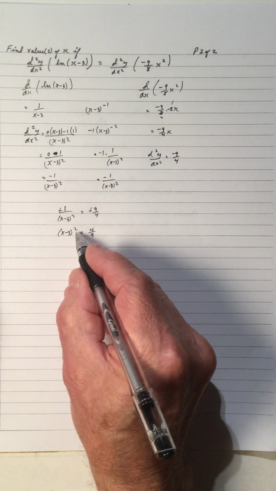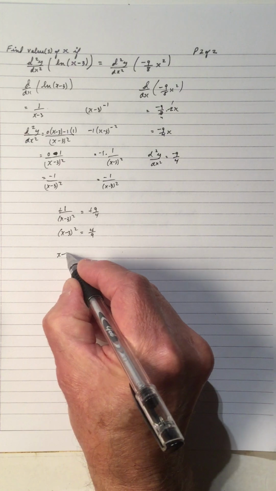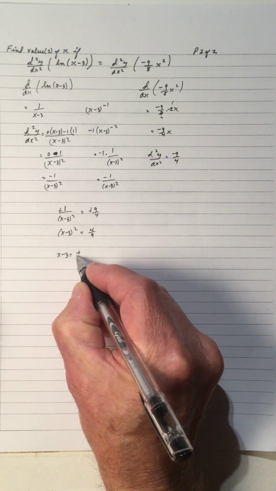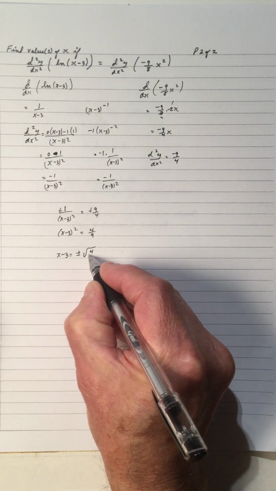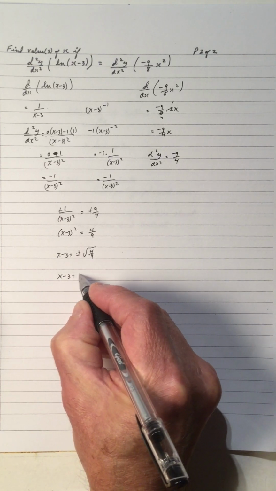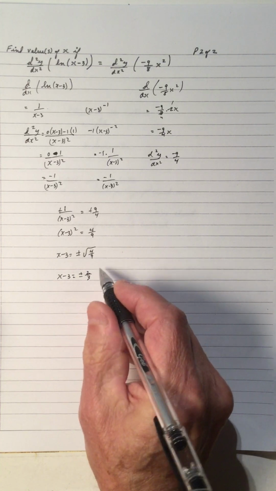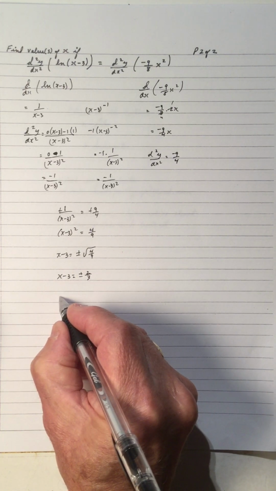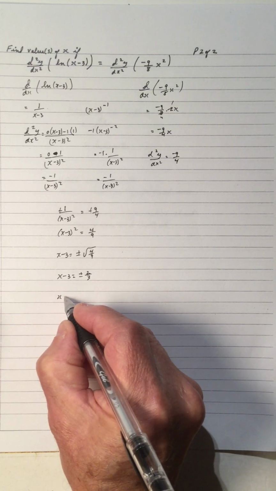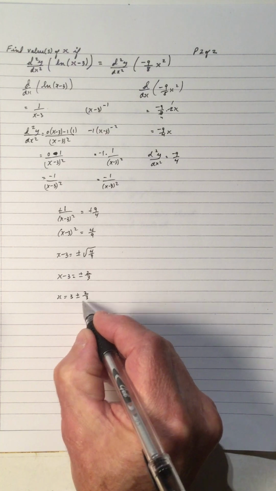Now this is a square. I'm not going to square it out, I'm just going to do the square root. So x minus 3 is equal to plus or minus the square root of 4 over 9. So that means x minus 3 is equal to plus or minus 2 over 3. So that means that x equals 3 plus or minus 2/3.